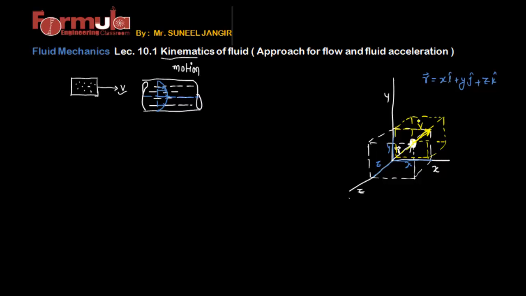This is the velocity vector v here, and this velocity vector has three components. First, in the x direction, we define this as u.